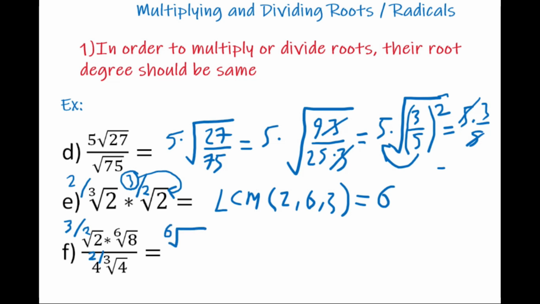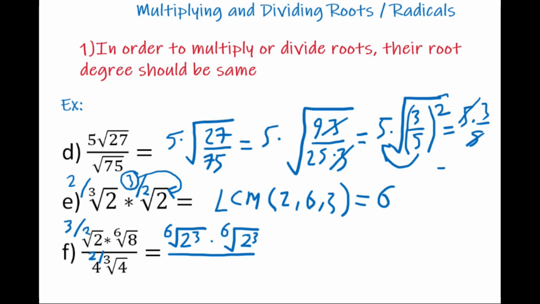We're going to have 6 as a root degree from the numerator part for the first term, and the inside of the root is going to be 2 to the power of 3 times. I'm going to write the second term in the numerator part as it is because it has 6 as a root degree, and the number is 8. 8 is already 2 to the power of 3, so let me write it in this way.